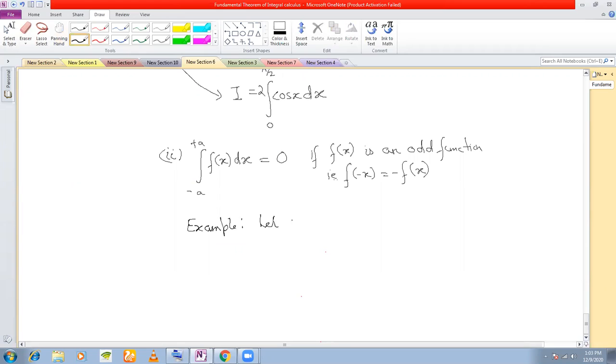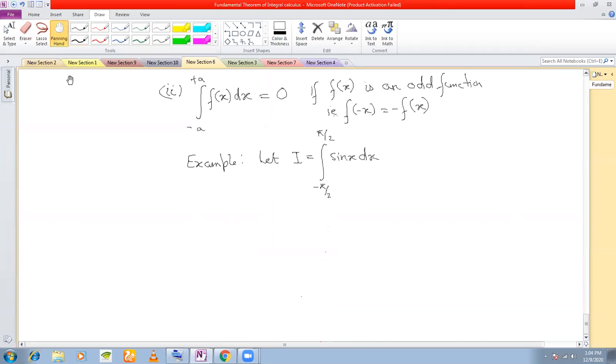Let I be equal to the integral from minus pi by 2 to plus pi by 2 of sin x dx. Okay, so here what I do is I say let f(x) is equal to sin x.